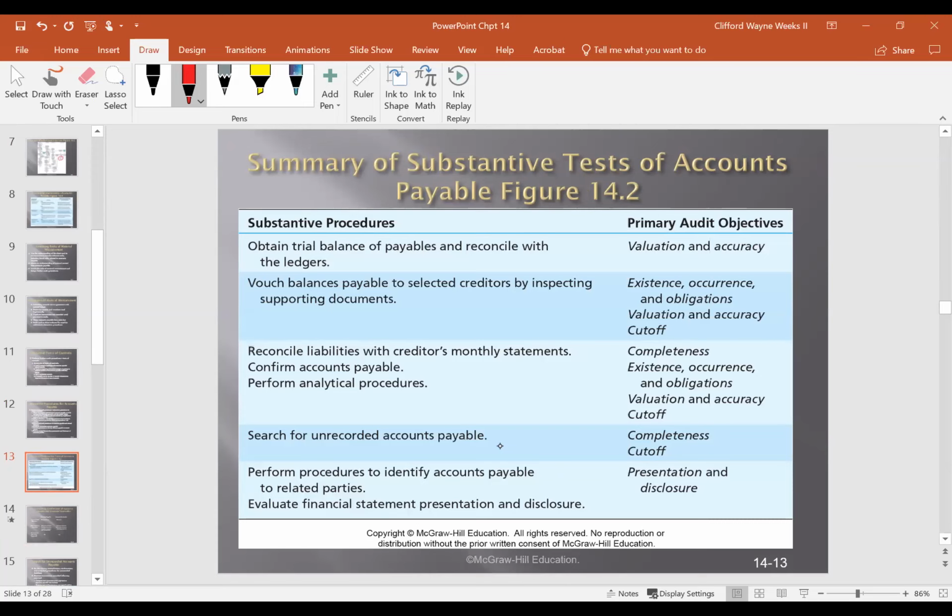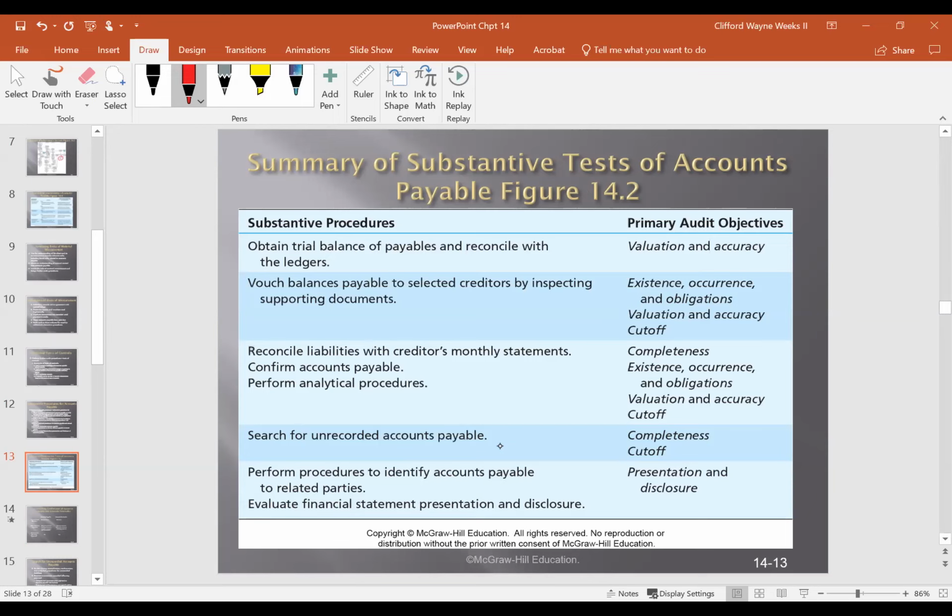Generally, we do not send confirmations, but a lot of times our suppliers will send us their statements: how much do you owe us? We're doing this to identify existence, occurrence, obligations, valuation, accuracy, and cutoff, because they're going to tell you when these are due.